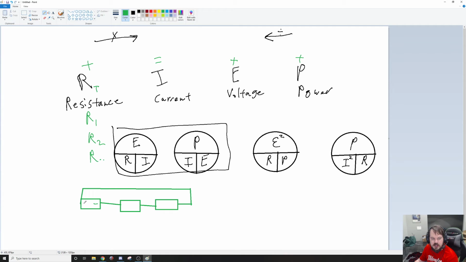So they're connected negative, positive, negative, positive, currents flowing, and they're all 1.5. They're all AA batteries. The total voltage in this circuit is going to be 4.5 volts.